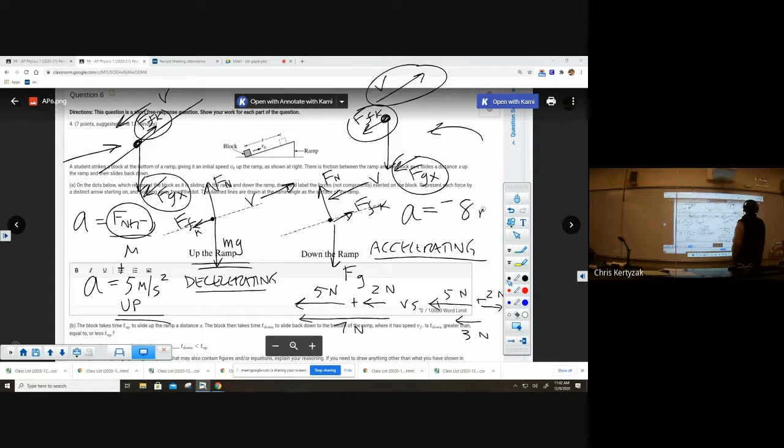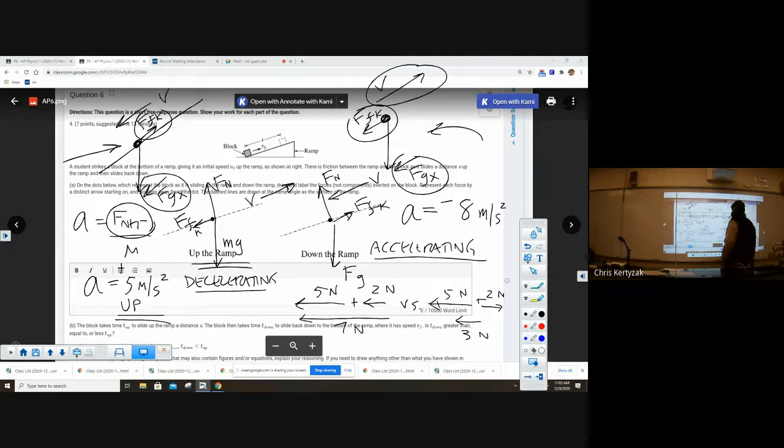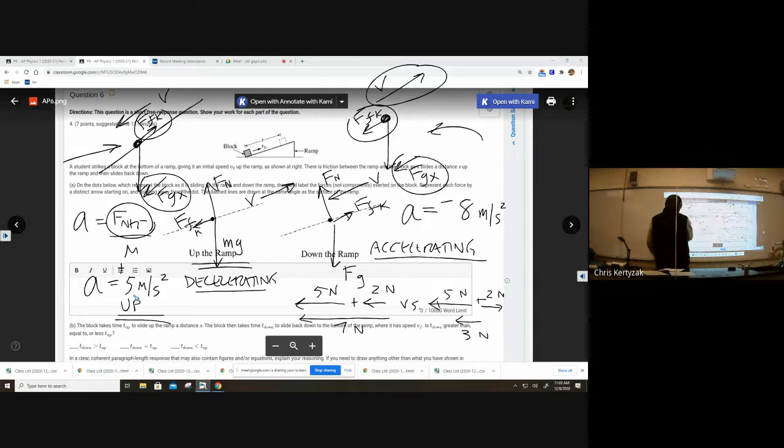It might be like 8 meters per second squared, meaning it's losing speed at a greater rate than how much speed it gains per second when it goes up the ramp. I'm sorry, when it goes down the ramp. And this is when it's going up the ramp.